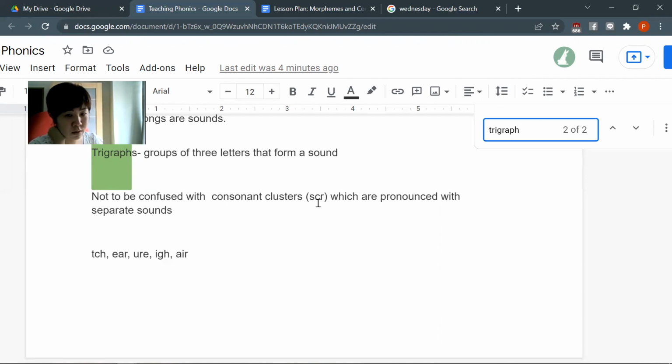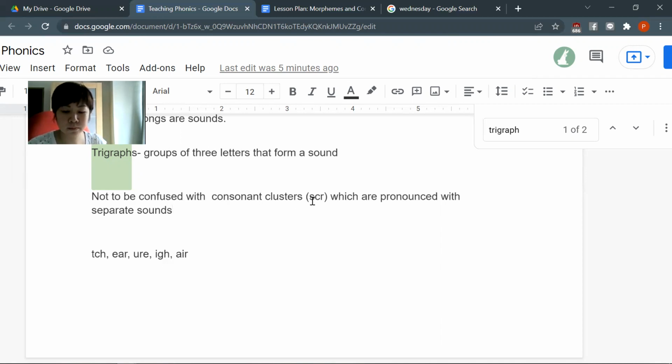We have s, t, r, strawberry. It's just like SCR, scramble, right? You can scramble eggs, or you can scramble to write a paper on time, which means to hurry or to mix.